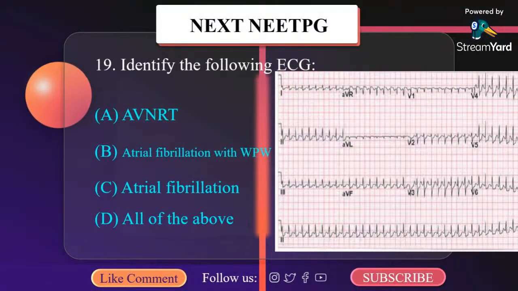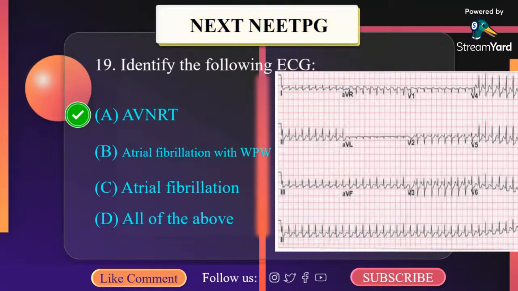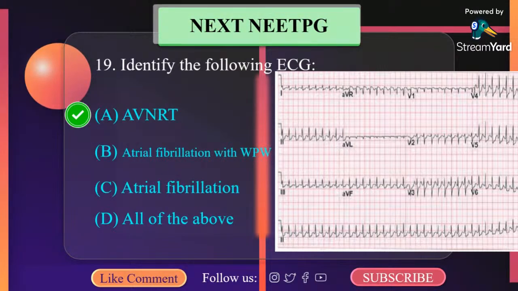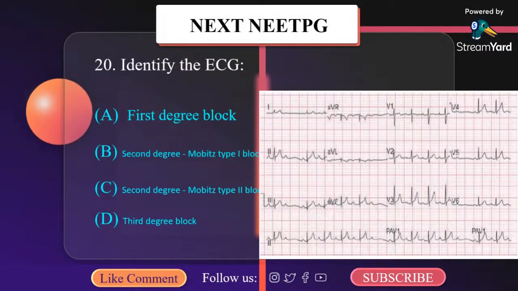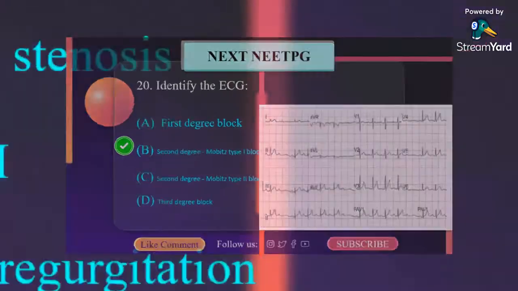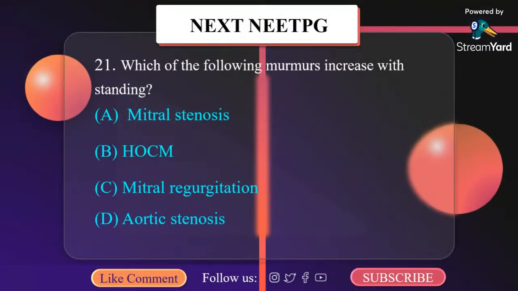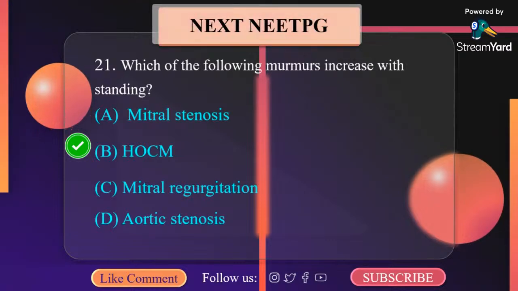Identify the following ECG. Here you can see A, B, and RT. Identify the ECG. It is a second degree Mobitz type 1 block. Which of the following murmurs increases with standing? It is HOCM, hypertrophic cardiomyopathy.